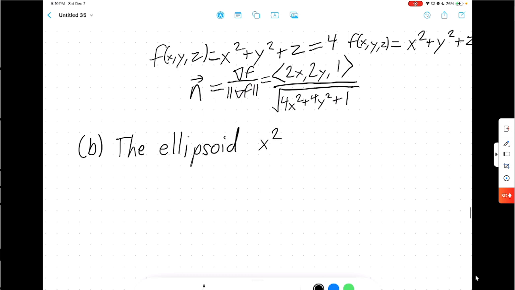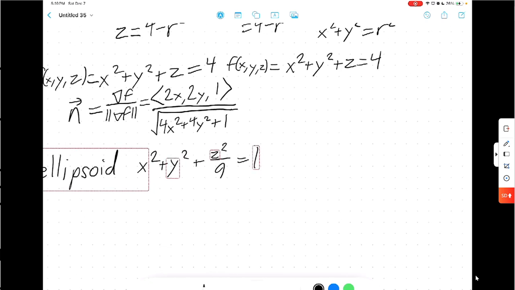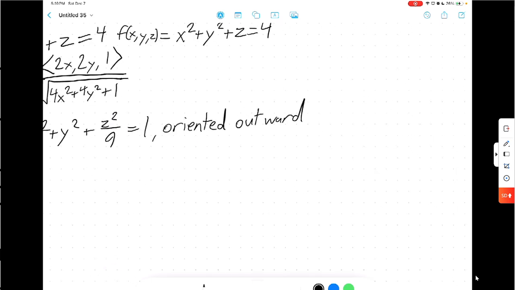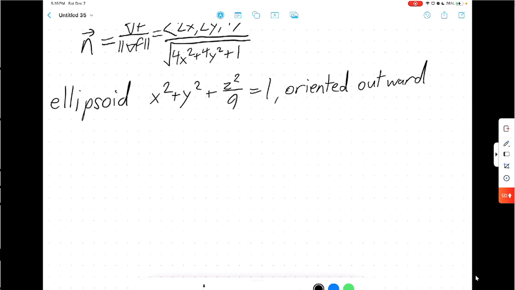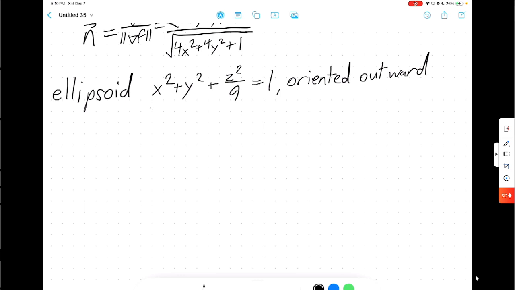B. x squared plus y squared plus z squared over 9 is equal to 1, oriented outward. So we're first going to look at this portion.